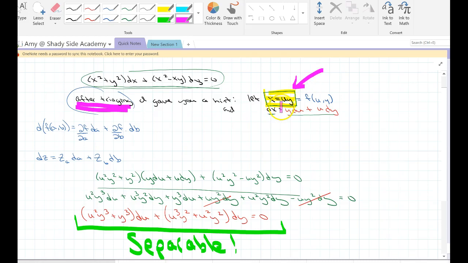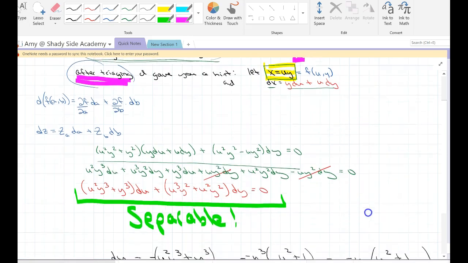When you rewrite x as such, and then dx as such, you modify your diffie q into a diffie q that is separable, and then we solve the separable differential equation.